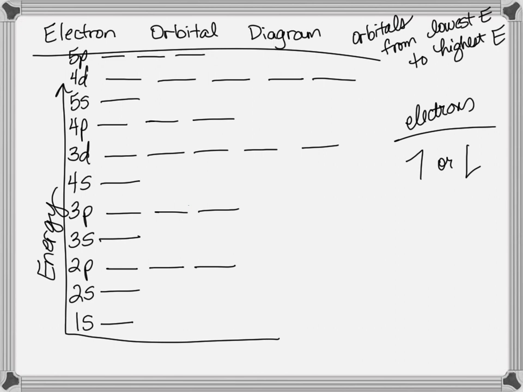Each blank can only hold two. Do you see that the S's can only hold two? How many can the P's hold? 6. How many can the D's hold? 10. They can only hold two per blank.